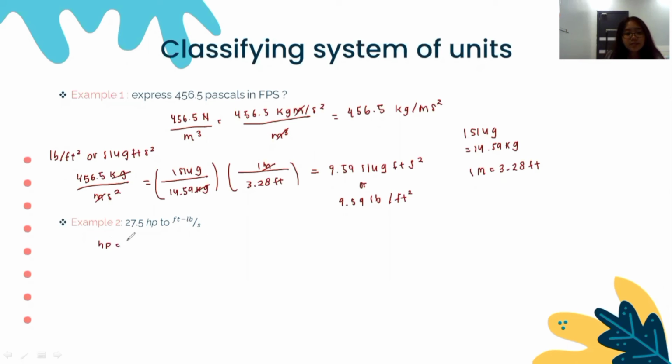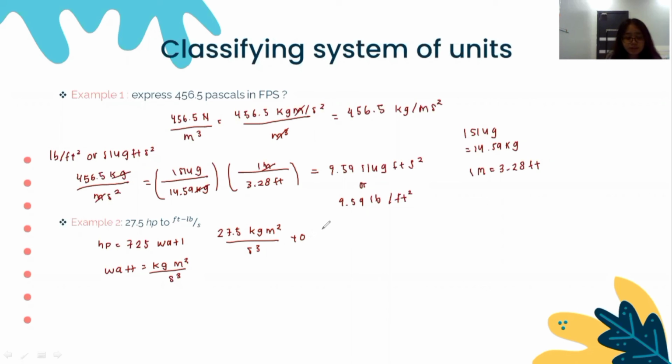HP is equal to 735 watt. Watt unit is kilogram meter squared per s cube. Next, we're going to write 27.5 kilogram m squared per s cube to foot-pound per s.